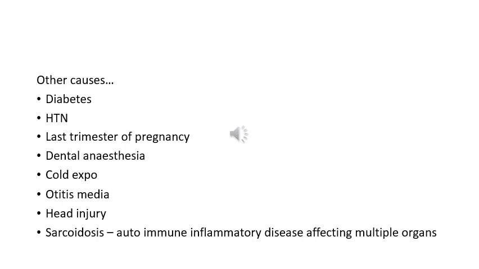Other causes include diabetes, hypertension. In the last trimester of pregnancy, an increased risk for Bell's palsy is seen. Also dental anesthesia, cold exposure, otitis media infection, head injury and sarcoidosis. So all these are considered other miscellaneous causes of Bell's palsy.